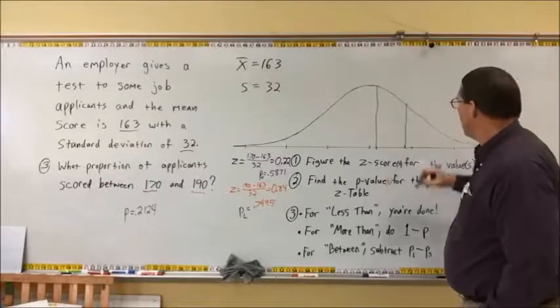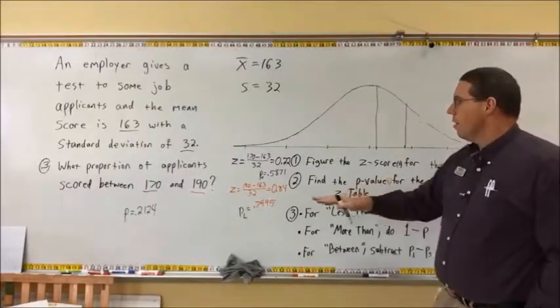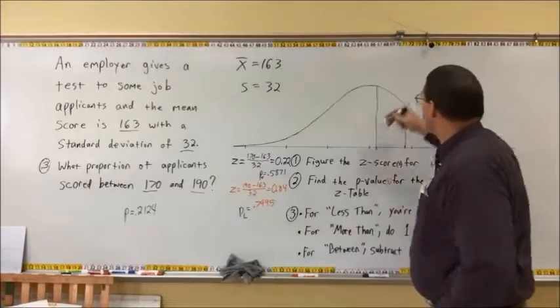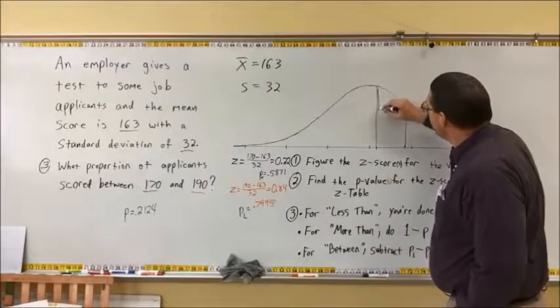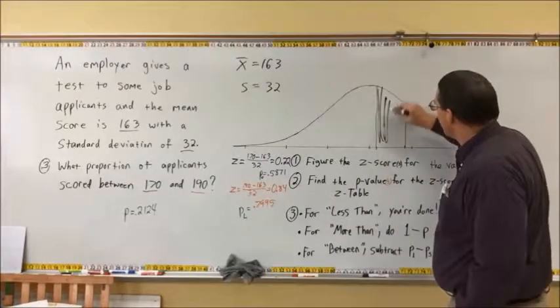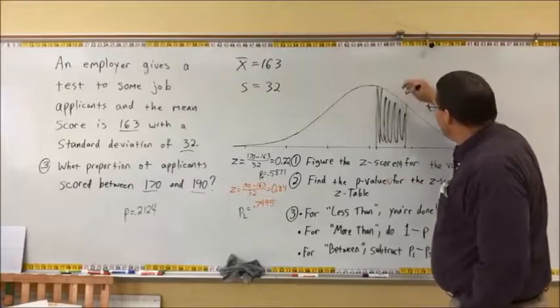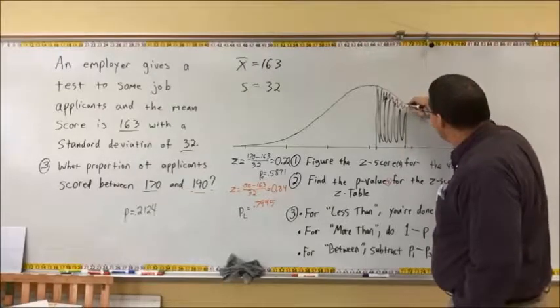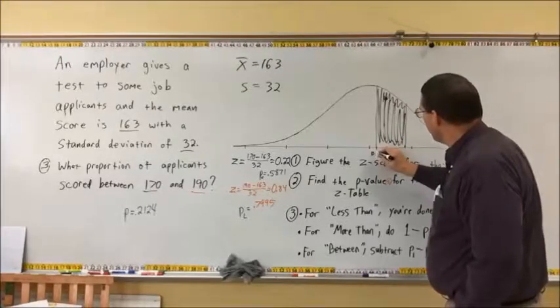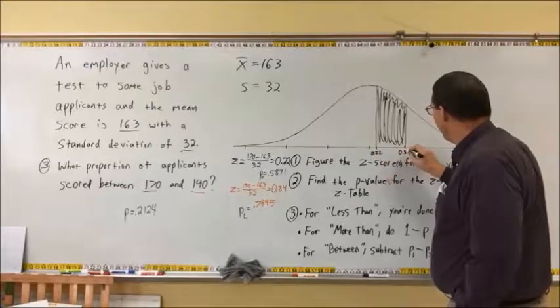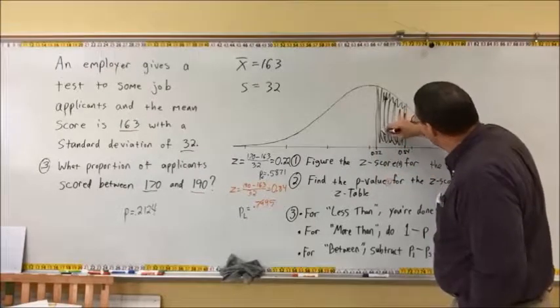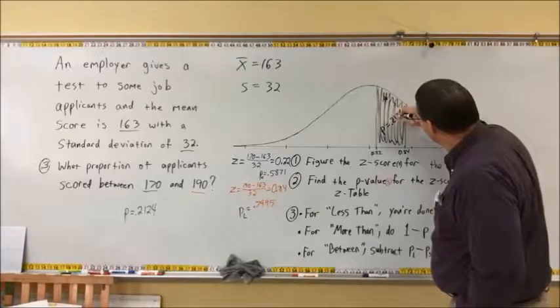It goes up to about there. And so what this 0.2124 is, it is the region under the curve that is between those two z-scores, 0.22 and 0.84. And so the proportion in here is p equals 0.2124.